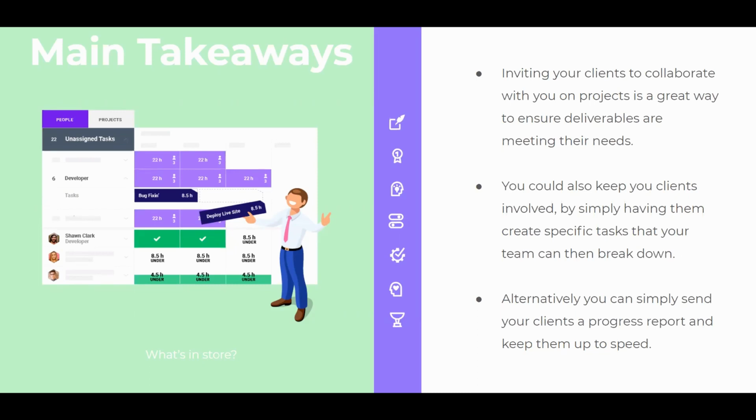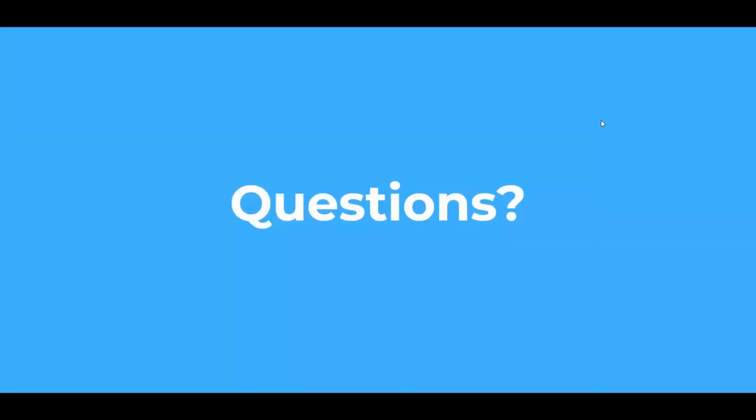Alternatively, you can simply send your clients a progress report, just like the one we have seen a few minutes ago, to make sure that they are up to speed. So this closes the 15-minute mark, and let us have some questions.